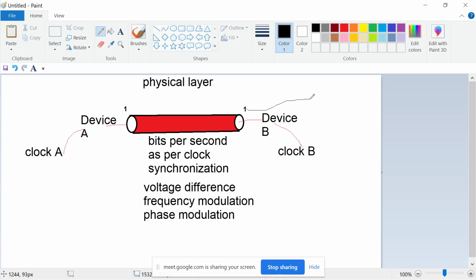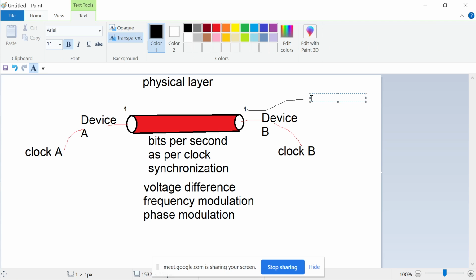I spoke about devices: NIC, routers, switches. So the device is connected to what? A hardware device, the network interface card, NIC.